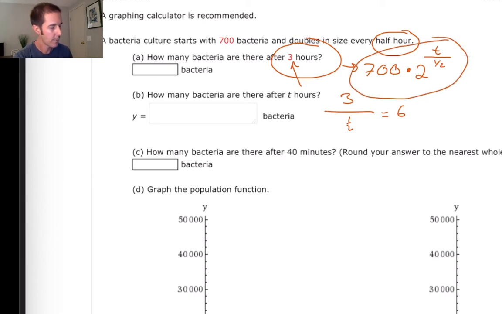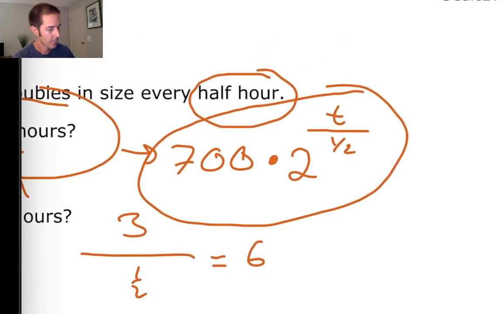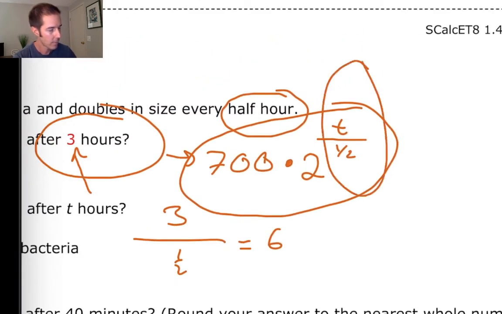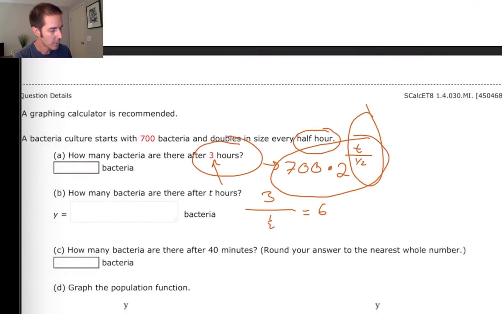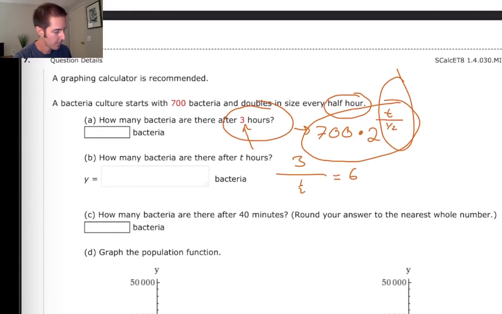You could write that expression like this, or remember that dividing by a fraction, as we're doing here, division by a fraction is the same thing as multiplying by the reciprocal, so I would probably show off a little and clean it up and write it as 700 times 2 to the power of 2t.